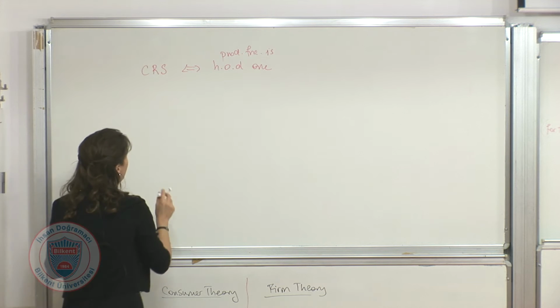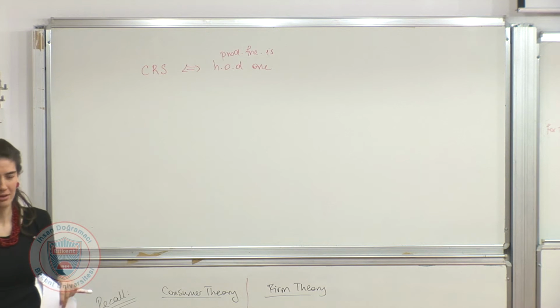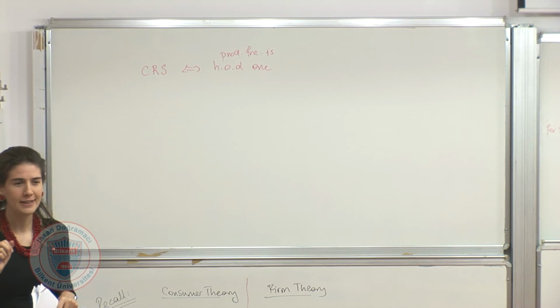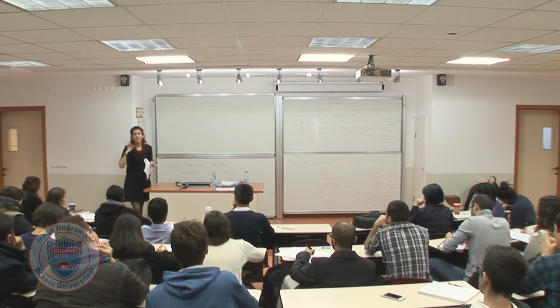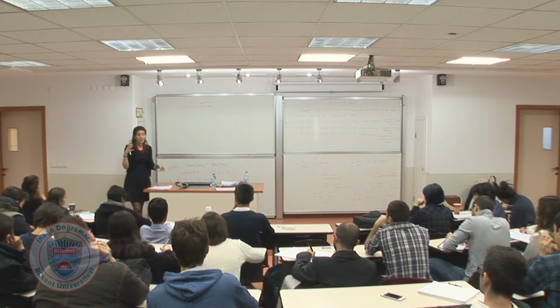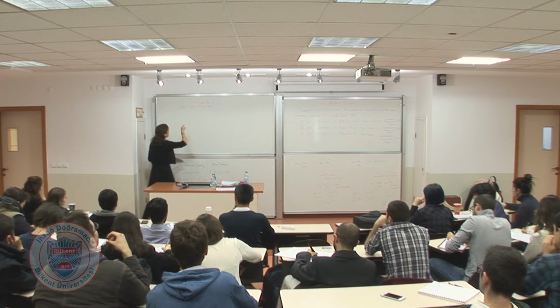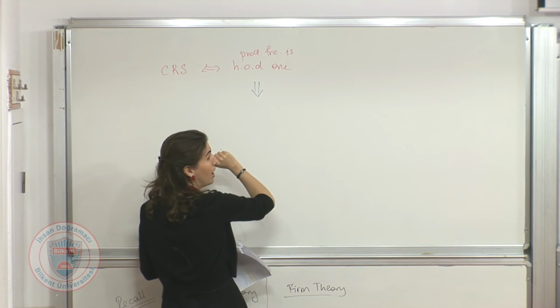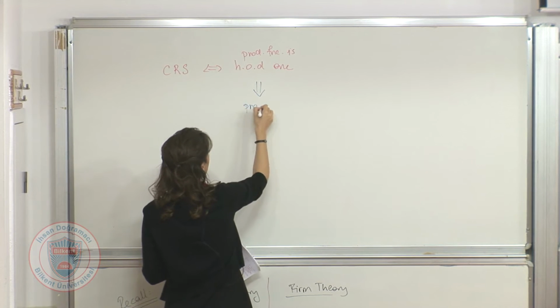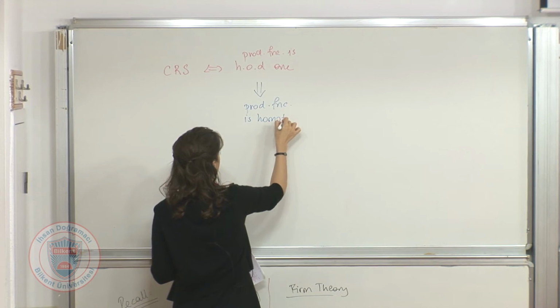Remember, what did we say about a function that was homogeneous? Remember the other weird concept that we had? We said it's homothetic, right? Homotheticity was something weaker, homogeneity was something stronger. So if a production function is homogeneous of degree 1, this implies that the production function is homothetic.